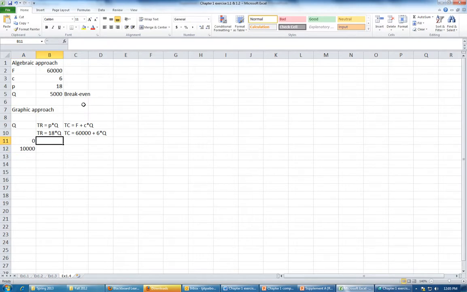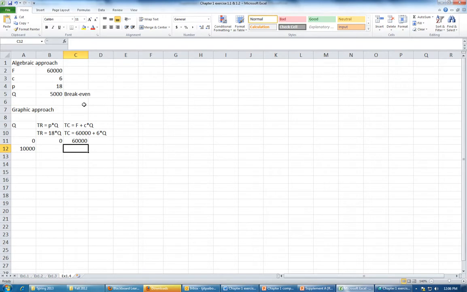So first we're going to take $18 times Q. 0 will be 0. And the second one will be 60,000 plus 6 times 0, which will be 60,000.